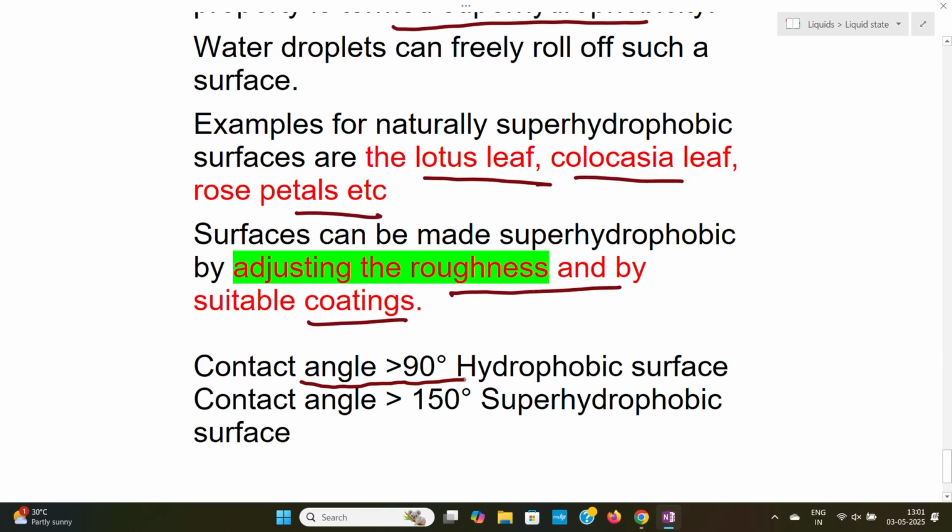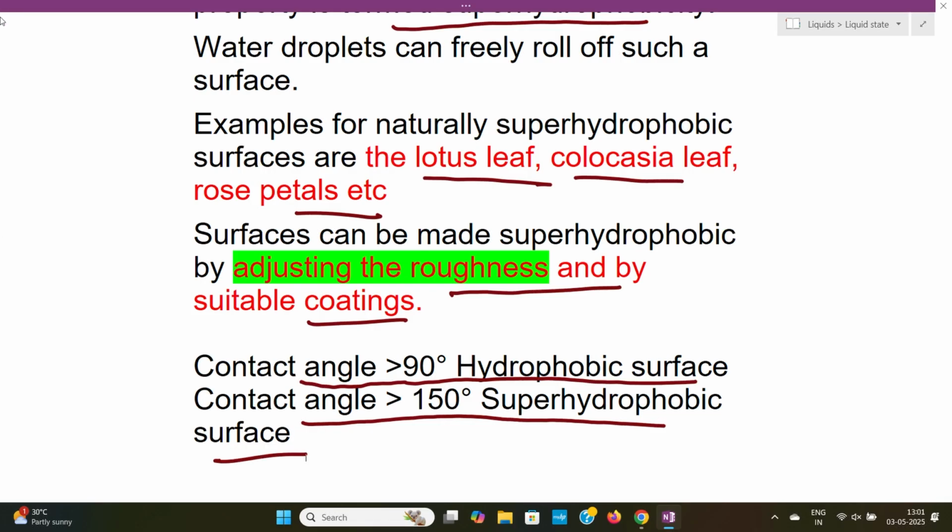So when we come to the superhydrophobic surfaces and hydrophobic surfaces, we have to remember two things. When the contact angle is greater than 90 degree, that is a hydrophobic surface. When the contact angle is greater than 150 degree, that is a superhydrophobic surface. These surfaces are formed when the adhesive forces between the solid surface and the liquid molecules are less than the cohesive forces between the liquid molecules.